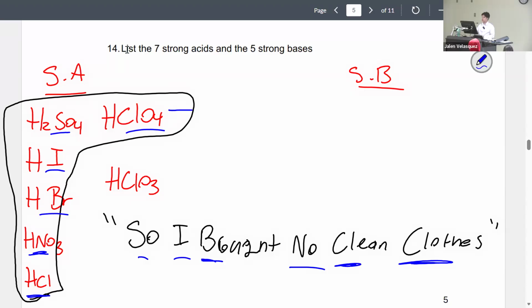So just make sure you know the difference between perchloric and chloric. Okay. Any questions on the 7 strong acids?